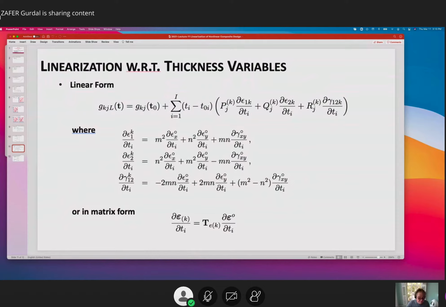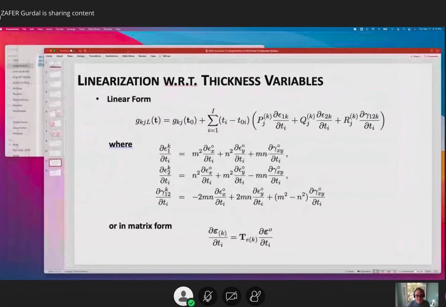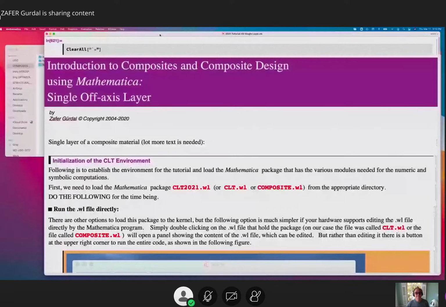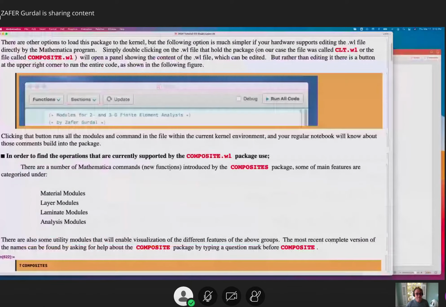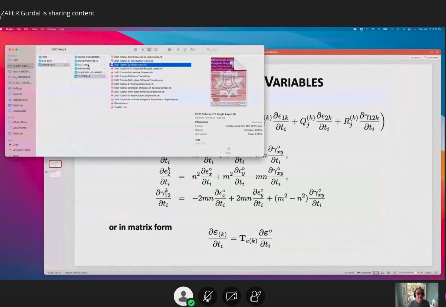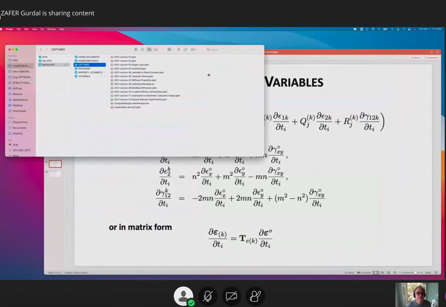I need to show the charts from the other lecture for that. But if this is clear, I don't need to go and explain. But if this is not clear, I will go back to that single layer expression lecture.